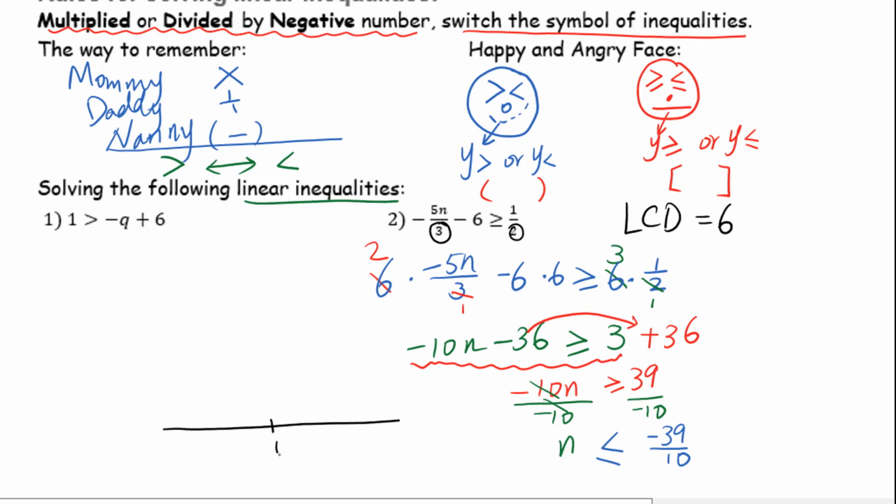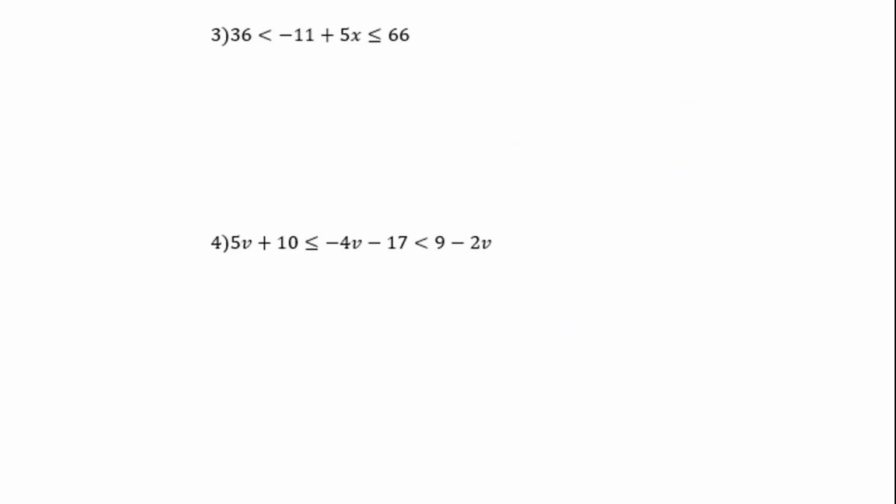This is 0. This one, let's label negative 39 over 10. Less than or equal to, which means this is a closed circle. Less than, go to the left. Let's go to number 3.